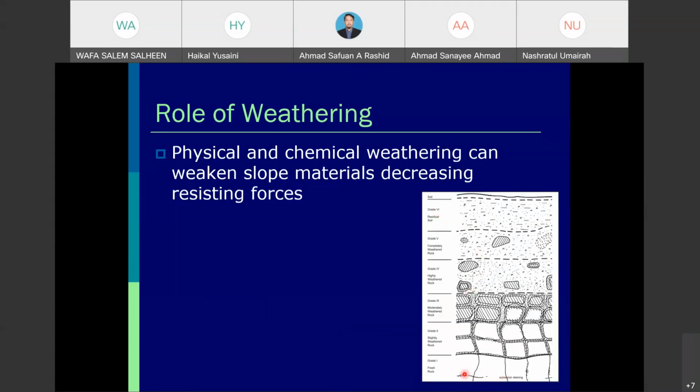Due to the rock being exposed to physical or chemical weathering, the grade number can increase from 1 to 2 to 3, and in the worst condition it will become grade number 6, which is a residual soil, like laterite soil.